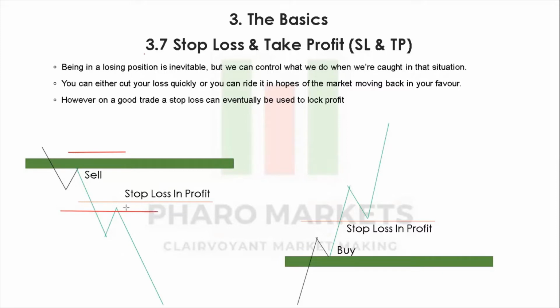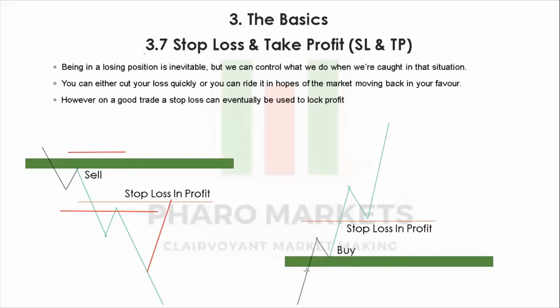Then you can actually move your stop loss into profit. So if price for example comes all the way back up and it hits this point, then all the profit you've made from here on will still be in your pocket, right? The other word you can use for this is called a trailing stop.